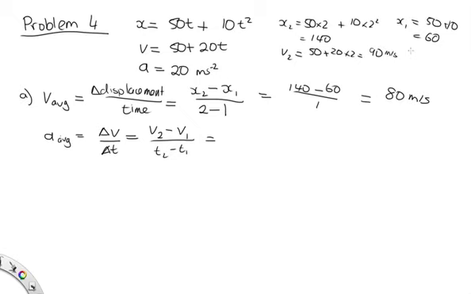And the velocity at time 1 is equal to 50 plus 20, which is 70 meters per second. Okay, so we can substitute these in here. We've got 90 minus 70 over 2 minus 1, so this gives us 20 meters per second per second.